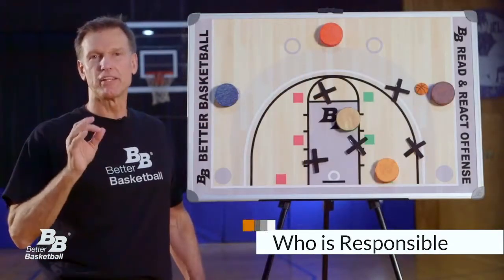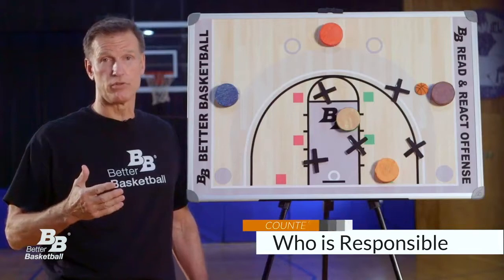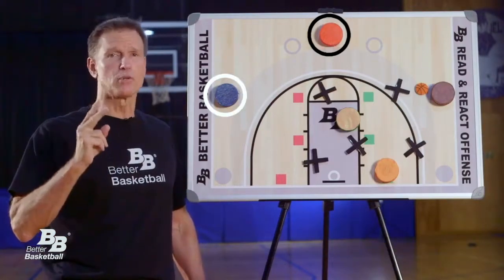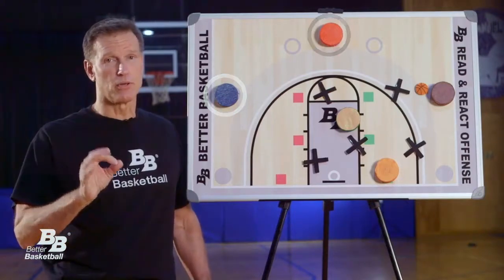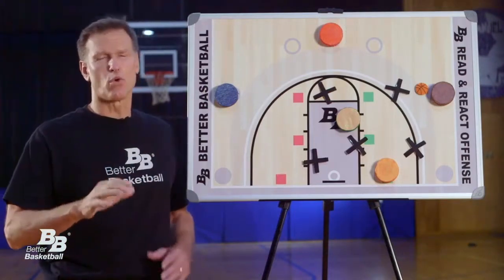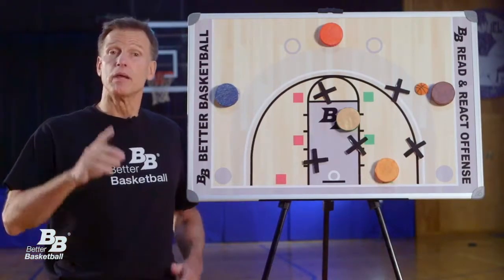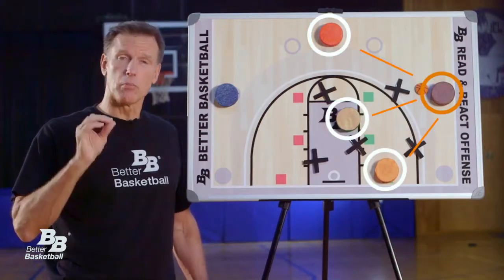When it comes to pin and skips, your team needs to know who is responsible for this counter move against zones. Players who are 2 or more spots away from the ball are responsible. It is not the responsibility of the ball handler. They must worry about handling the ball and feeding the nail or the flank. Players 1 spot away from the ball must pay attention to the ball handler.